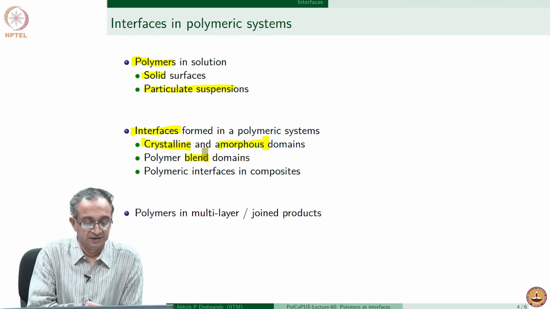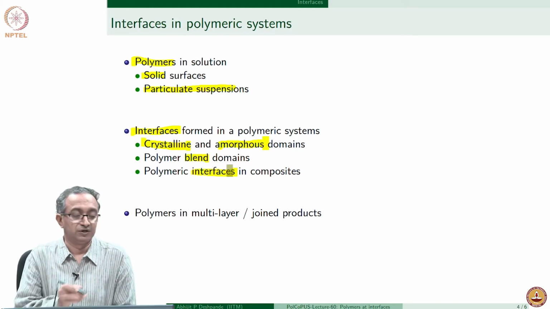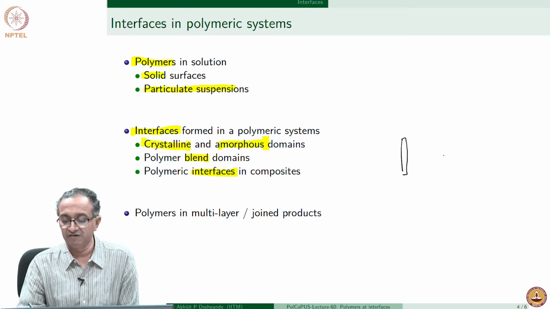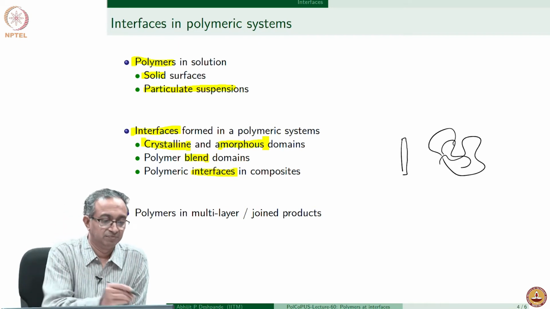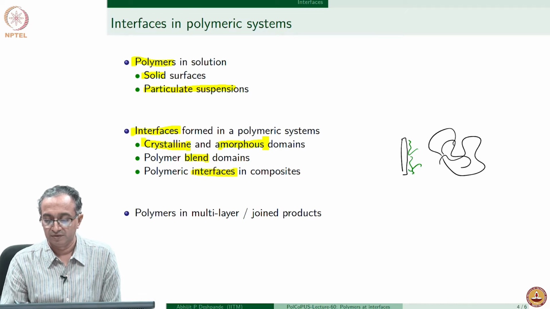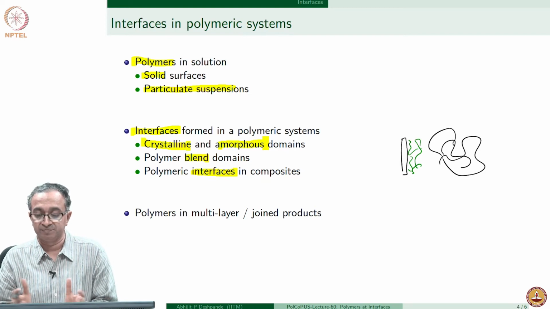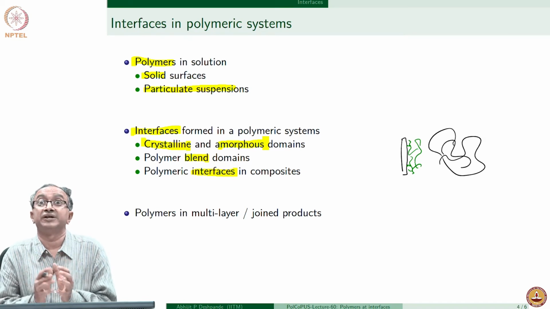We could have a polymer interface in a composite itself, because whenever we have a fiber, we will have macromolecules. Let us say it is an amorphous polymer composite. So, macromolecules are randomly distributed, but when they come closer to the fiber, if there is preferential interaction, there may be a preferential physical interaction between the fiber and the macromolecule, and therefore a strong interface may be formed.